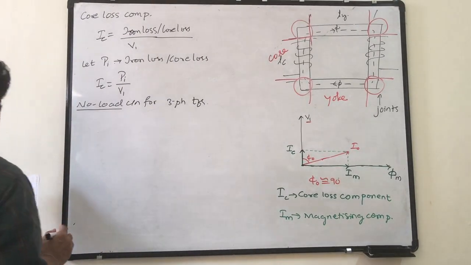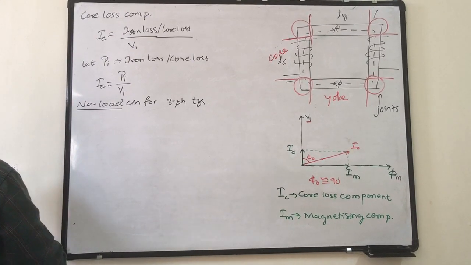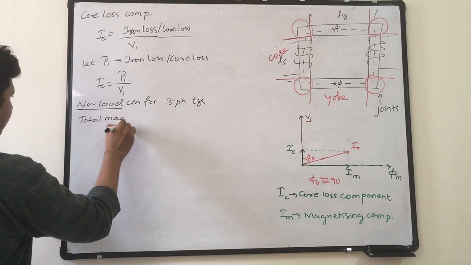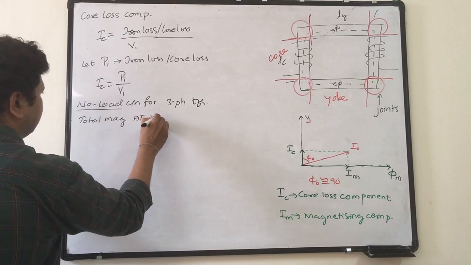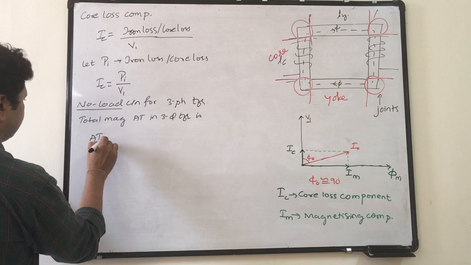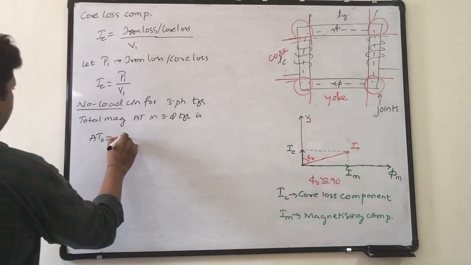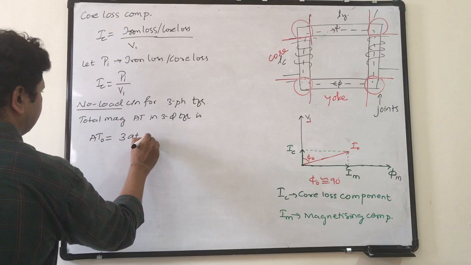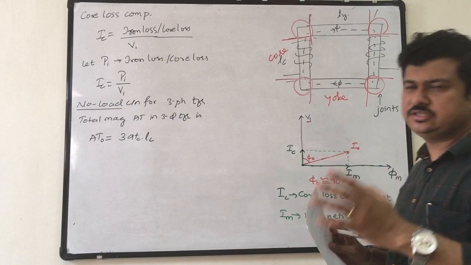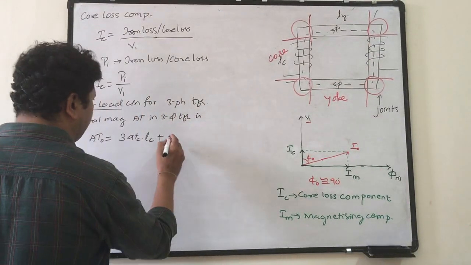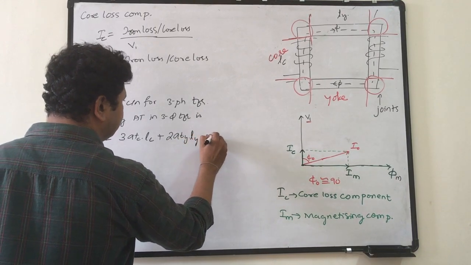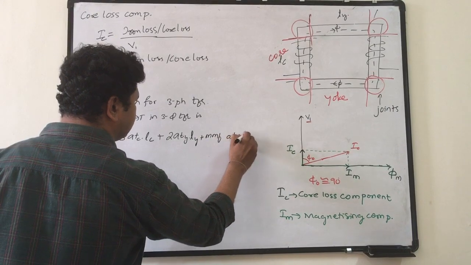So the total magnetizing ampere turns in a 3-phase transformer, AT naught, is equal to 3 AT C into LC, because I will have 3 cores, plus 2 AT Y into Ly, plus MMF at joints.